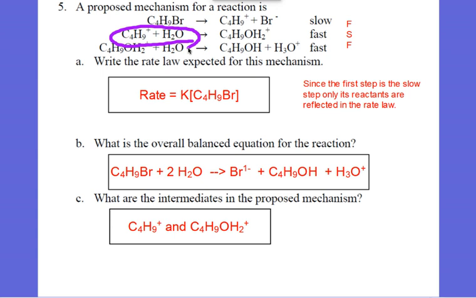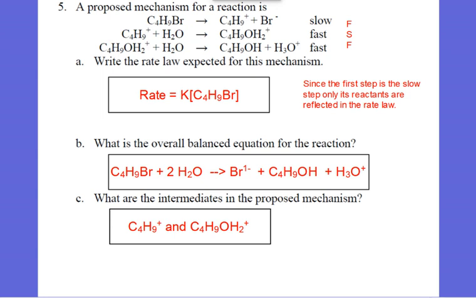The slow one can't even begin to go until the fast one that's ahead of it goes. So if the second reaction was included, we would have all of the reactants from the first reaction as well as the reactants from the second reaction. So we would have both components put into the rate.